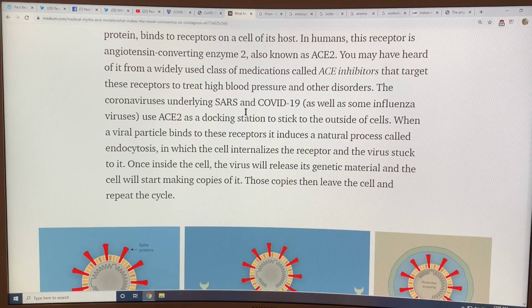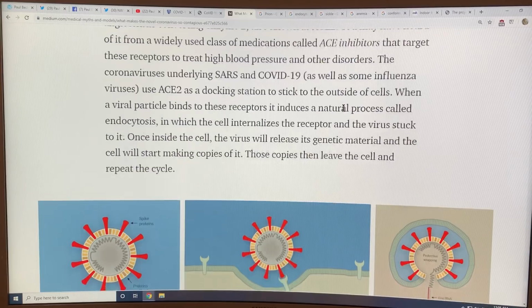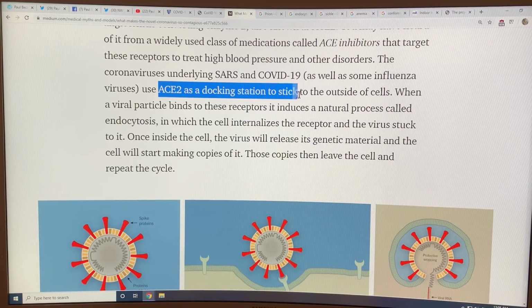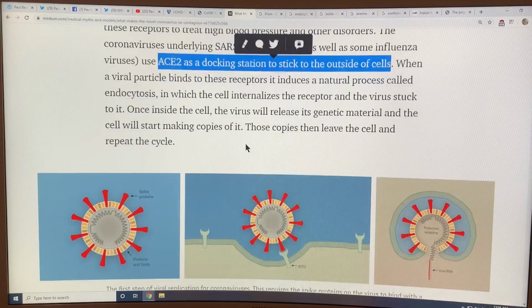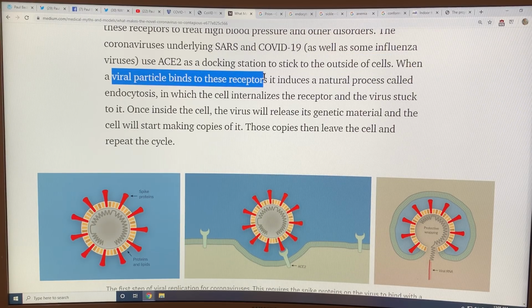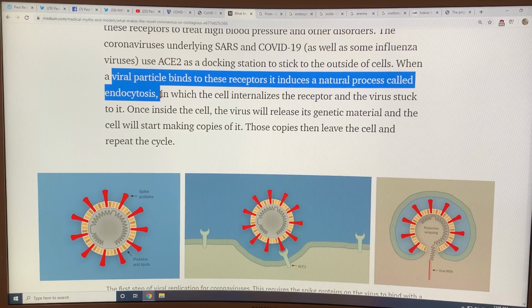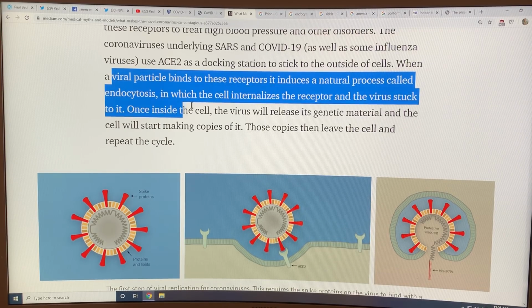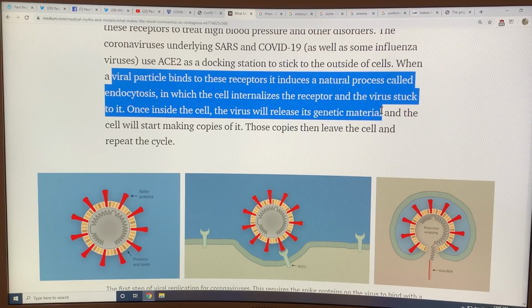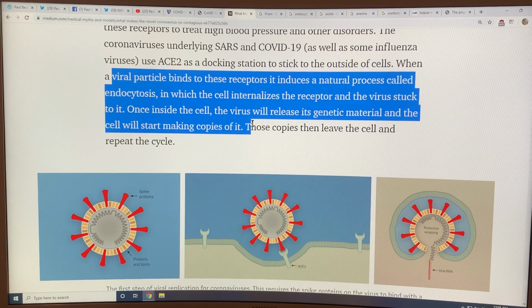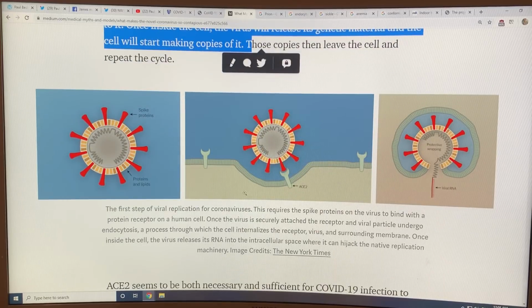Maybe some variant of them can be tried to make different vaccines. But the ACE2 is just a docking station. When the virion binds to those receptors, there's a process called endocytosis where it enters the cell. Once inside, it releases the RNA, the genetic material, and the cell starts making copies of it. These copies leave the cell and repeat the cycle.